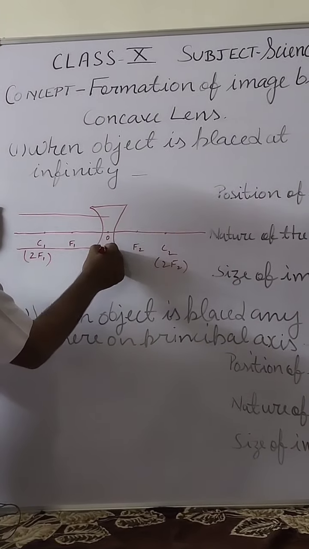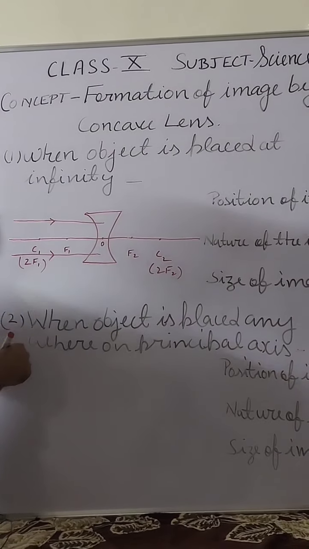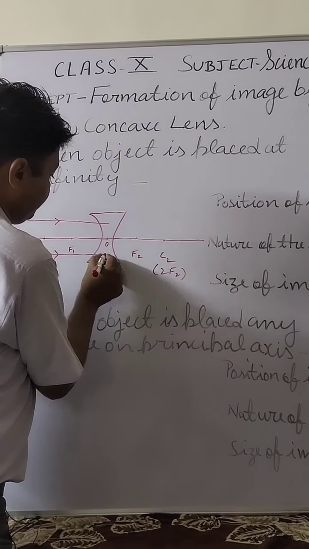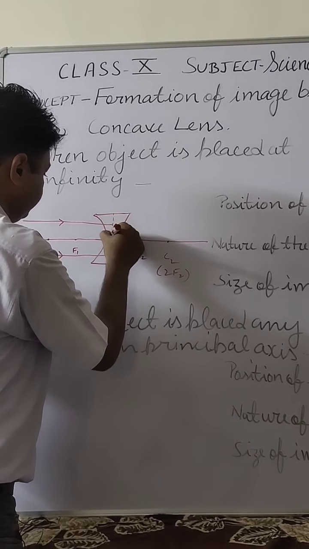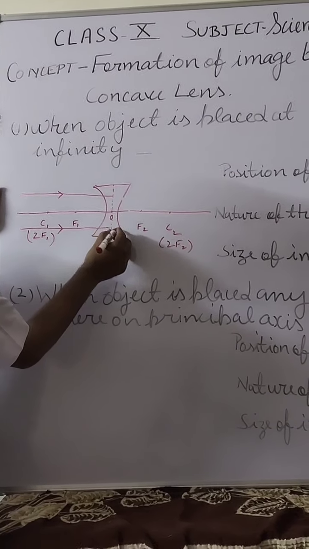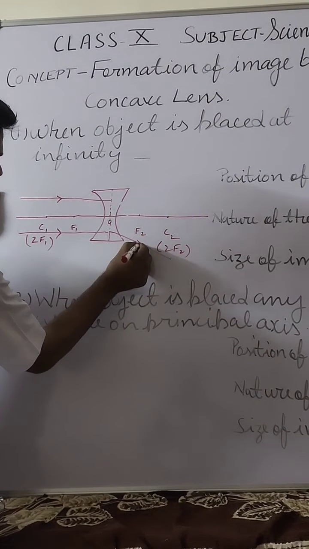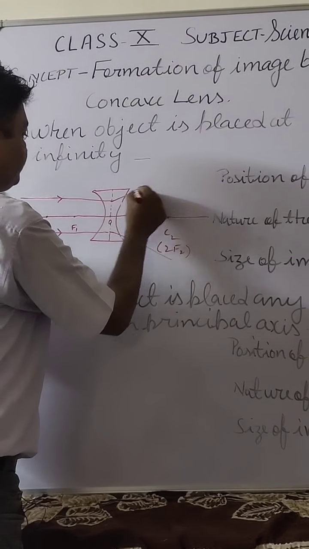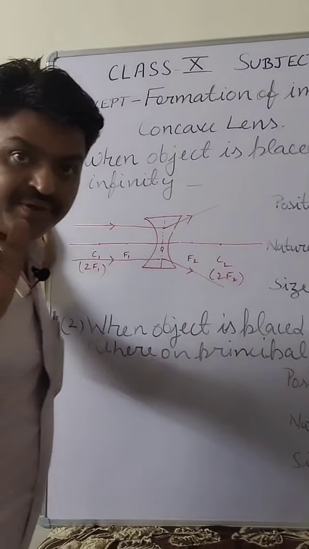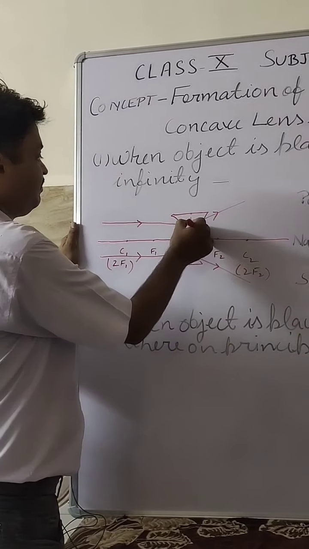Now these incident rays will be refracted from here, from the aperture. This is the aperture, and from here they will refract like this, but they appear to meet at F1 here.